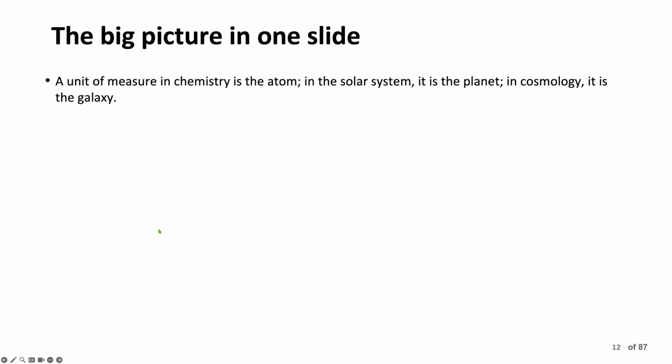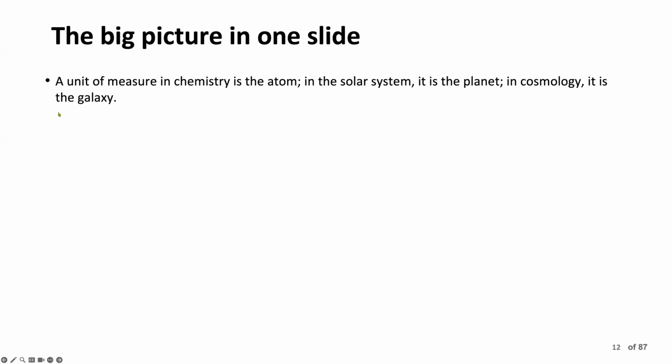So let's take a look at how to name the key elements in the cosmos. When we study chemistry, atoms and molecules are the coin of the realm, if you will. In the solar system, planets and comets and asteroids are the things of interest.